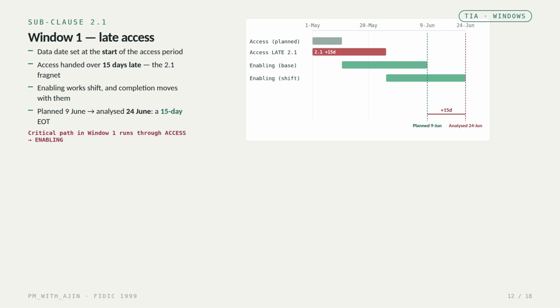The enabling works shift out, and because they are on the critical path, the completion date moves with them. Planned completion was the 9th of June. The analyzed completion is now the 24th of June, a 15-day extension of time. And notice from the bar chart, in this window the critical path runs through access into enabling works.